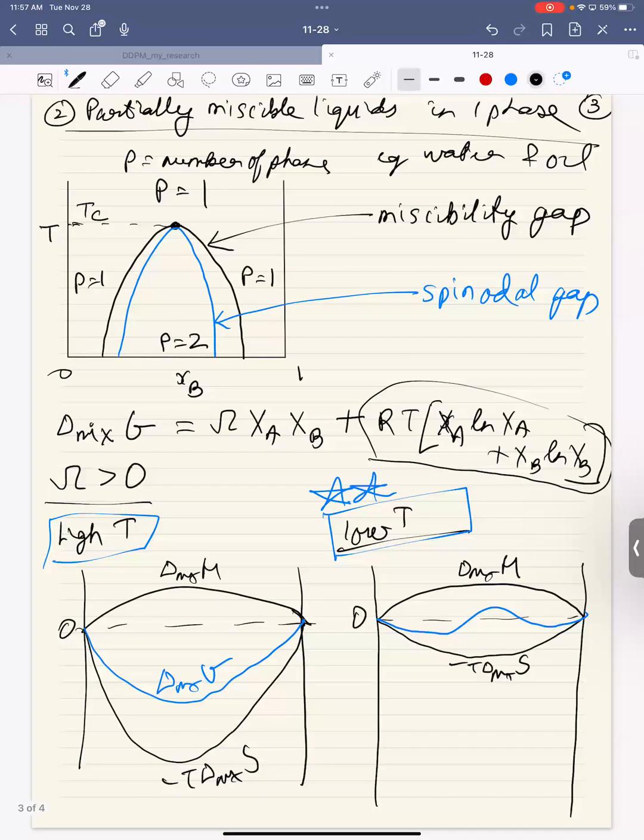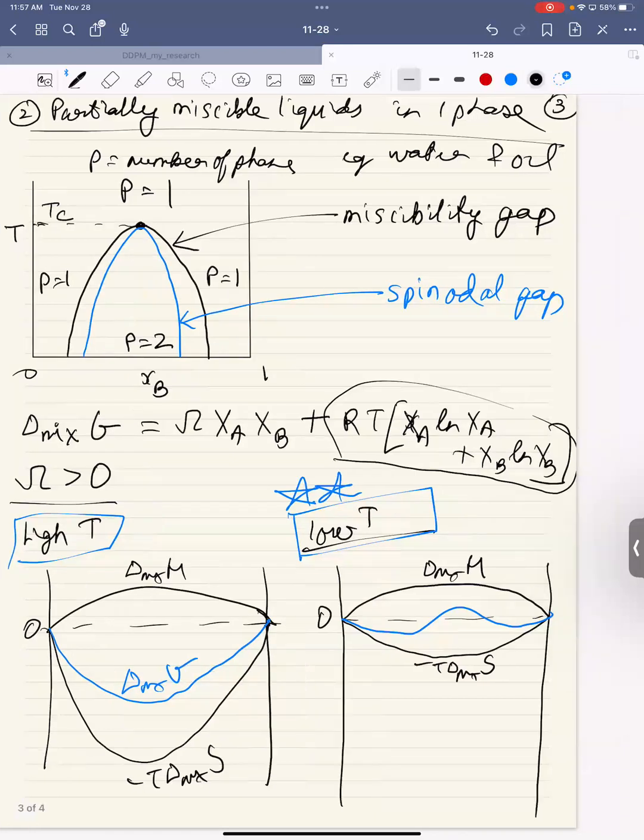So let me draw this curve in a much more expanded version. And I'm not going to draw delta mixing H or delta mixing S. I will only focus on delta mixing G. Actually, let's draw the zero line somewhere in the middle. The zero line does not really matter much, you will see why.